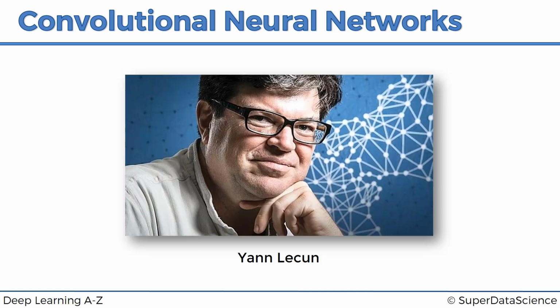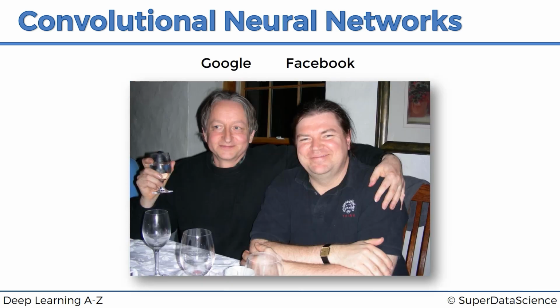And speaking of Facebook, if Jeffrey Hinton is the godfather of artificial neural networks and deep learning, then Yann LeCun is the grandfather of convolutional neural networks. Yann LeCun is a student of Jeffrey Hinton's, and in fact here you can see them together. And Jeffrey Hinton now is pioneering deep learning at Google. Yann LeCun is the director of Facebook Artificial Intelligence Research and also a professor at NYU.